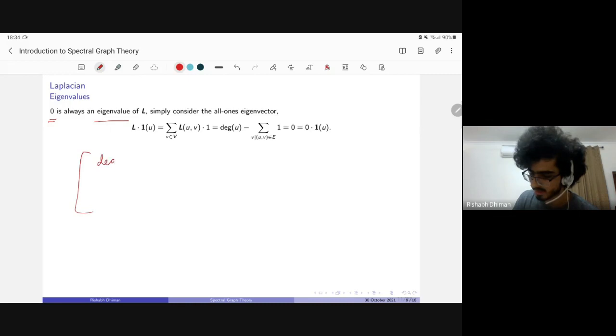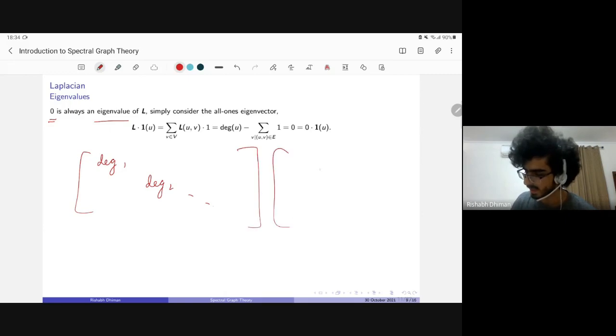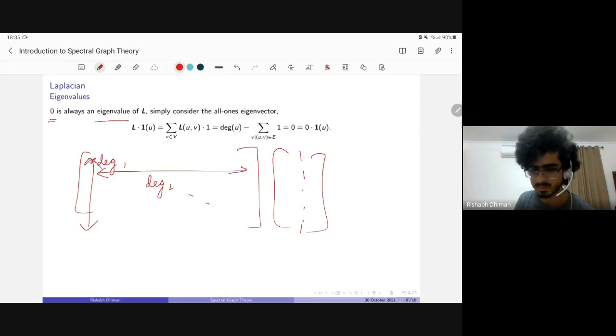If you have degree 1, degree 2, and so on, and you multiply this by 1, 1, 1, 1, 1, you notice that because of how we define degree to be the sum of edges incident on it, the values in each row, if you sum them up, are precisely 0.